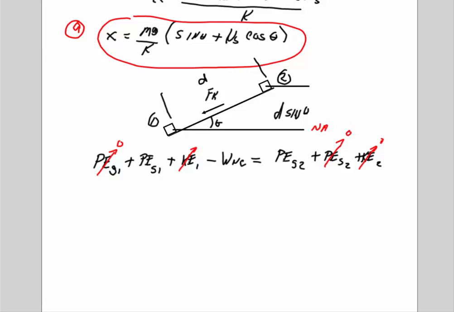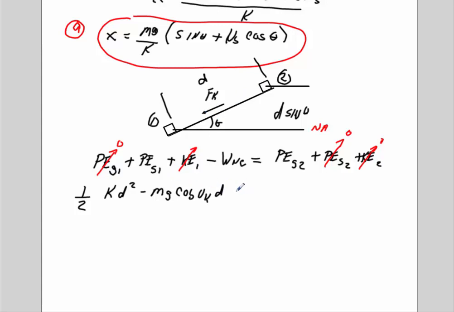So this is 0. So we're going to set this up as 1/2, and we'll do it this way first. We'll set this up as kd squared minus our frictional force, which in this case is going to be mg times the cosine of theta times mu of k, and then we would multiply that by d because it's going to be operating along this d.